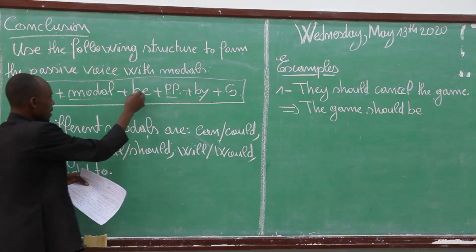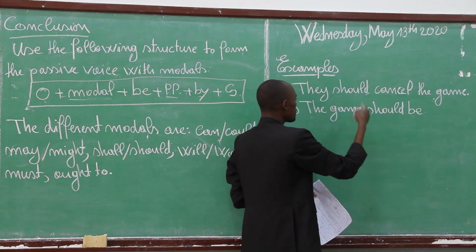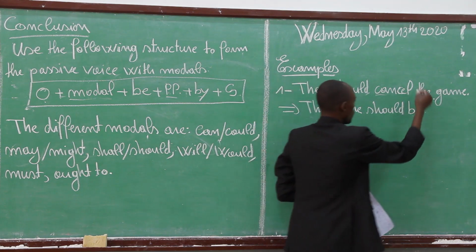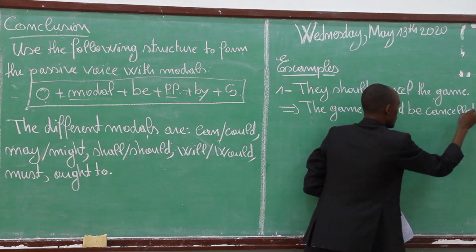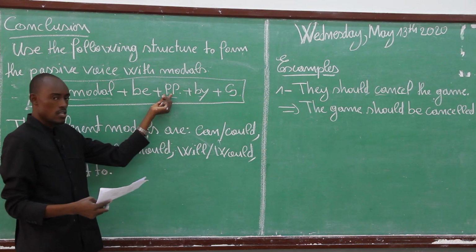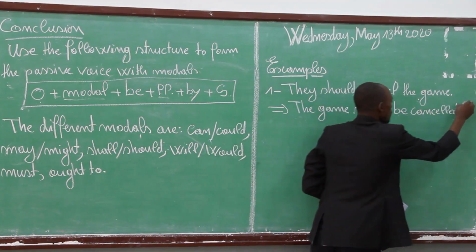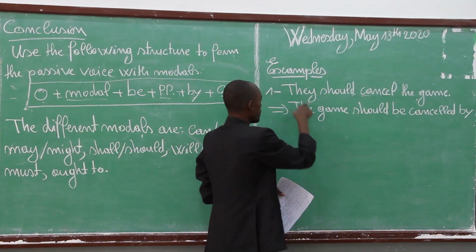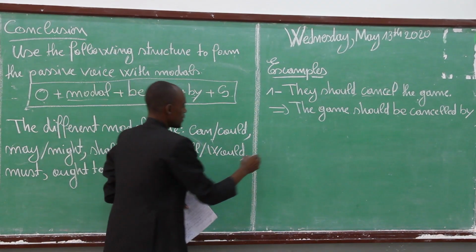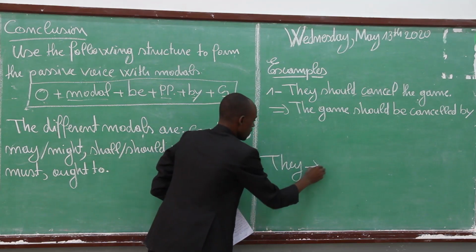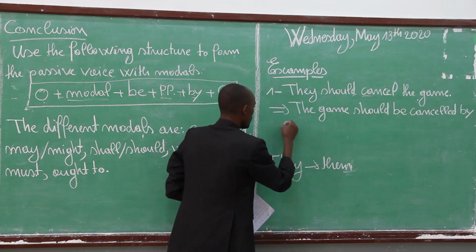In our structure we have be, and after be we have the past participle of the second verb. We have cancel, and the past participle is here, PP, followed by by, and we take the subject. The subject is they. In passive voice, they becomes them. Here we have by them.